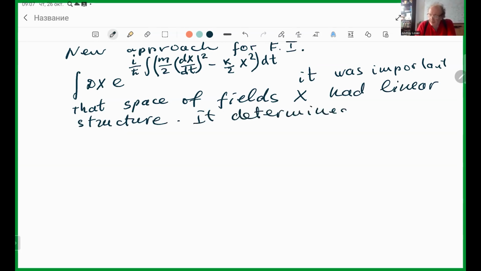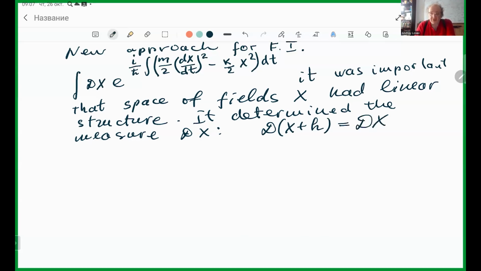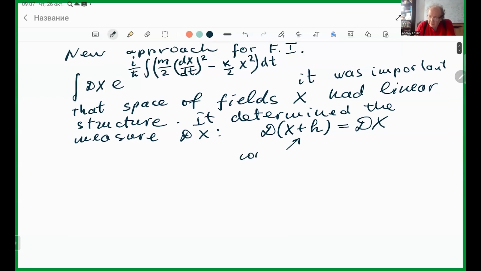It determined the measure. And here important was the concept of sum. Depends on linear structure.